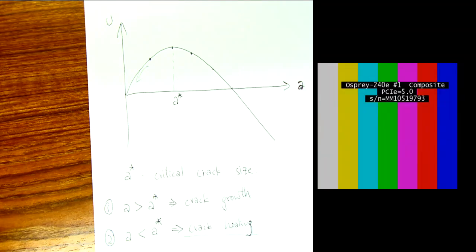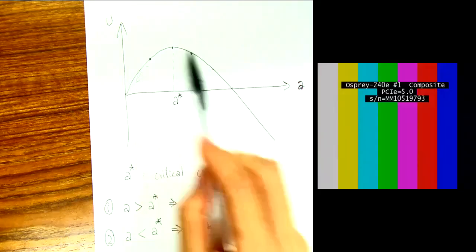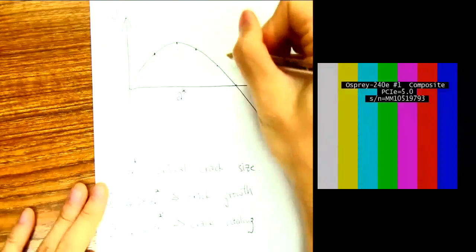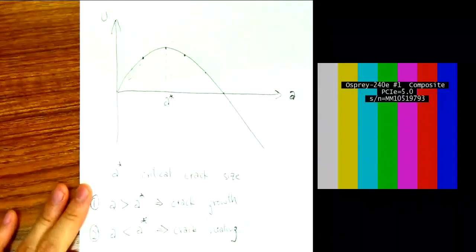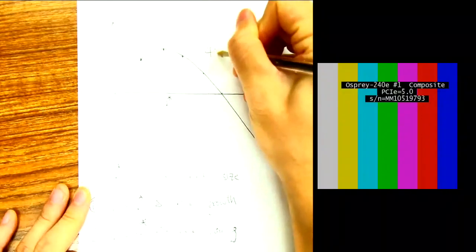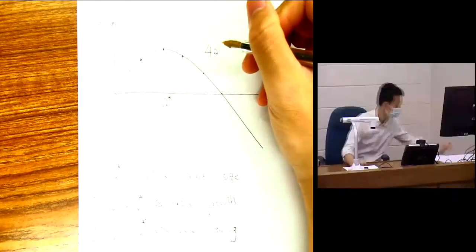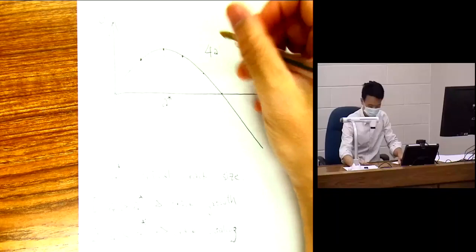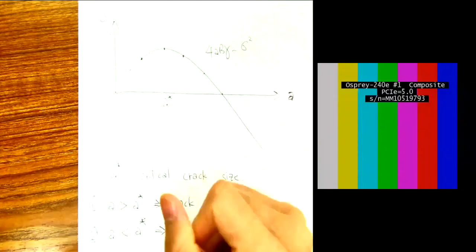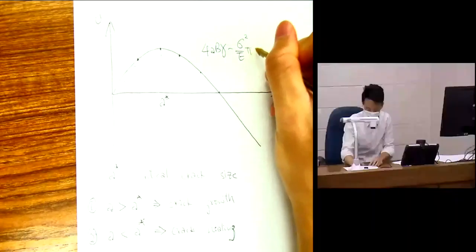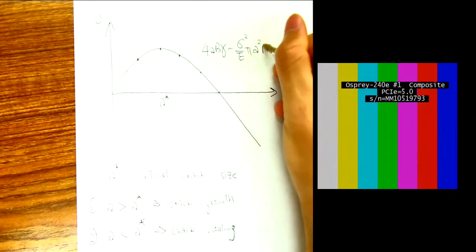Well, we have everything we need, because this is the expression for the energy, which is 4ABγ minus σ²E πA²B.